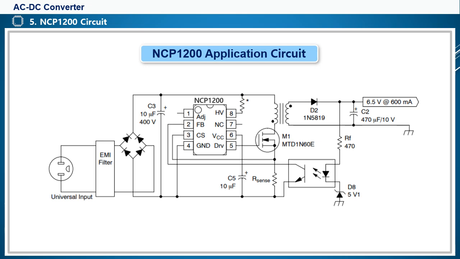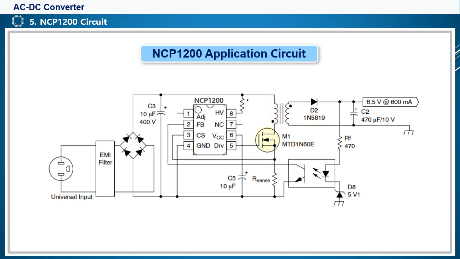This circuit is an AC-DC circuit based on onsemi's SMPS IC, NCP1200, and outputs 6.5 volts and 600 milliamperes of direct current for a free voltage AC input of 90 to 260 volts. A bridge diode for rectifying the AC input, smoothing capacitor for converting high voltage pulses to DC current, and a switching transformer to reduce the primary square wave and transmit it to the secondary side.